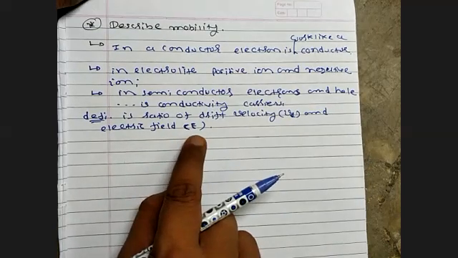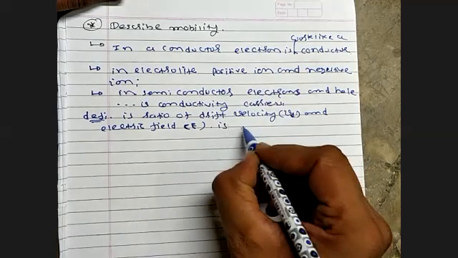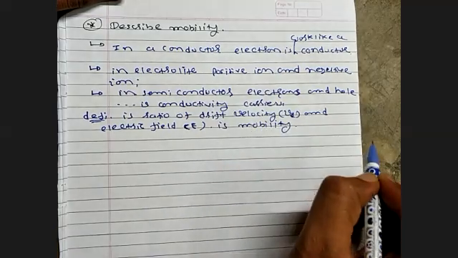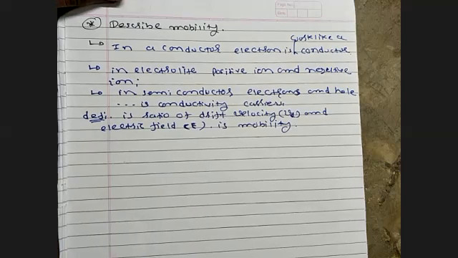Per unit electric field, how much the charged particle is drifted, that ratio is named mobility.